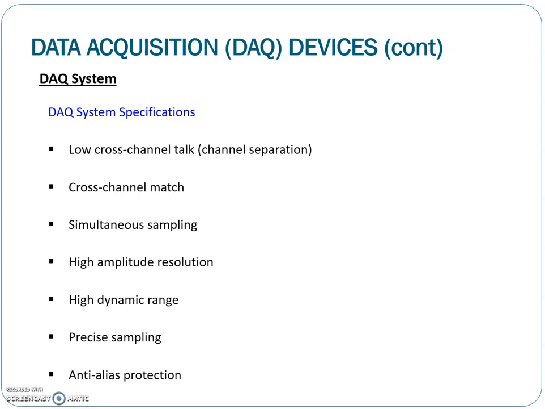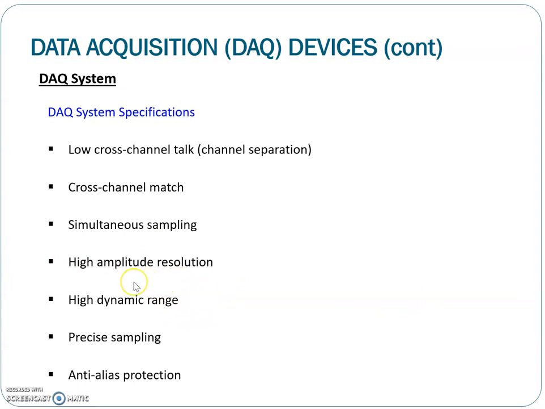We should also look for a DAQ with precise sampling and simultaneous sampling, meaning to have a high sampling rate as well as allowing data to be sampled simultaneously across all channels. Besides having good resolution in the x-axis of the time data, we should also look for DAQ systems that come with high amplitude resolution in the y-axis of the time data.